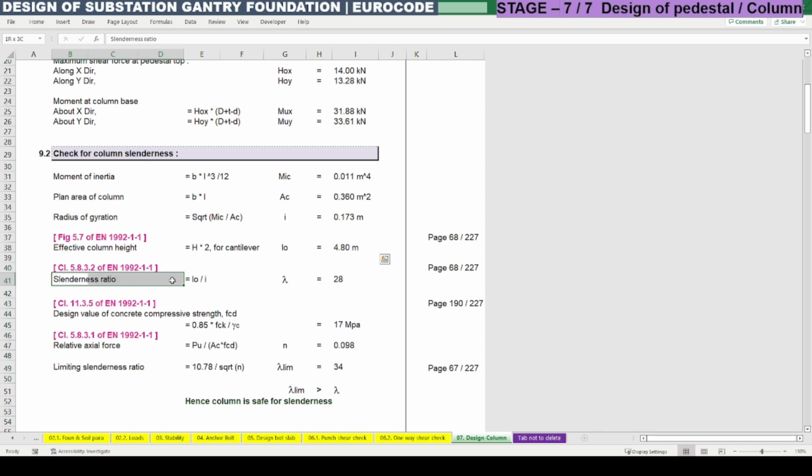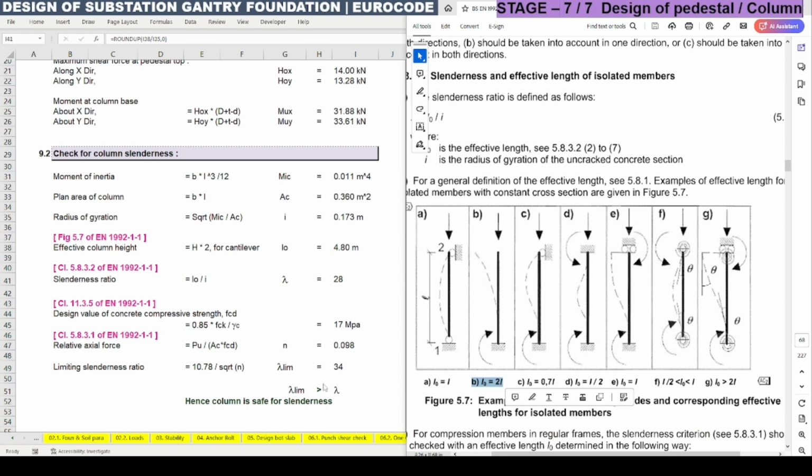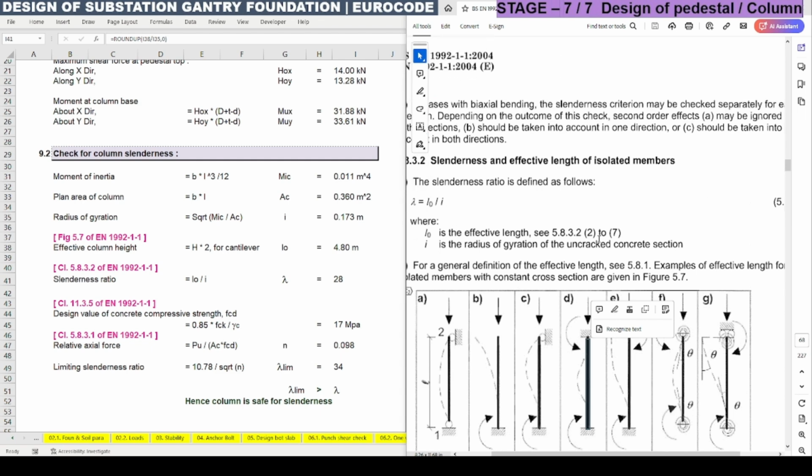Next we need to consider the slenderness ratio. The slenderness ratio is nothing but the effective column height L0 divided by the radius of gyration. The radius of gyration we already calculated. This is also explained in clause 5.8.3.2 on the same page 68.